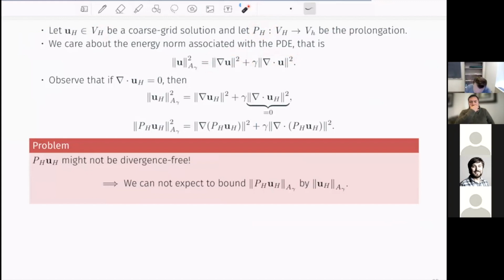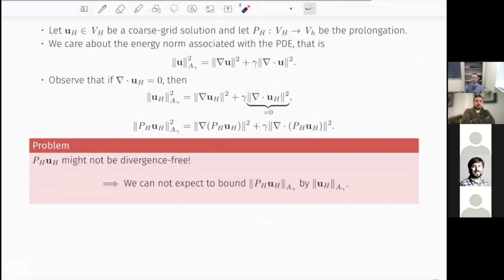And so again, we want to relate this norm on the coarse grid to the norm of the prolonged function on the finer grid. And we have the exact same problem as before. We might have a function that is divergence-free on the coarse grid, might satisfy div u equal to 0. But now as we transfer it, nobody guarantees us that it's still divergence-free on the fine grid, right? So it could be either that you introduce some interpolation error going to the finer grid, or it could be that the notion of what it means to be divergence-free changes.